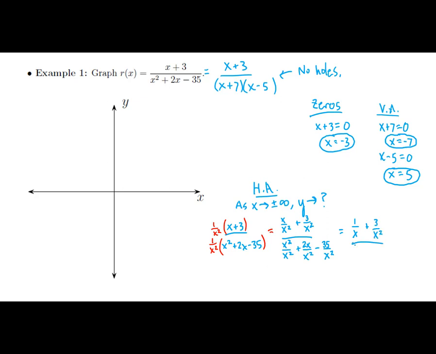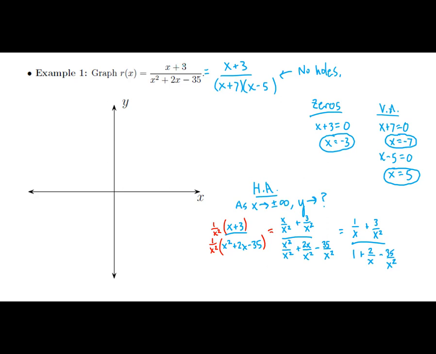3 over x squared stays the same. But then I have a 1 here plus a 2 over x minus a 35 over x squared. Now, here's the reason I did this. If I want to plug really, really big numbers in for x, then in this expression, before I multiplied by 1 over x squared, well, let's go back up here.